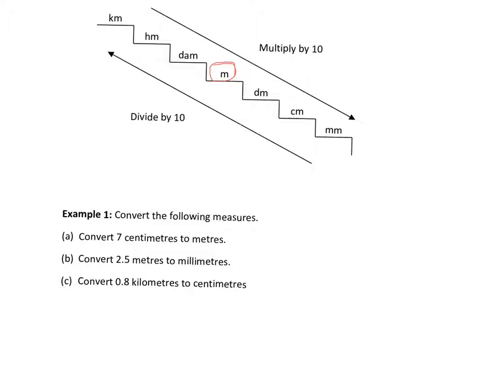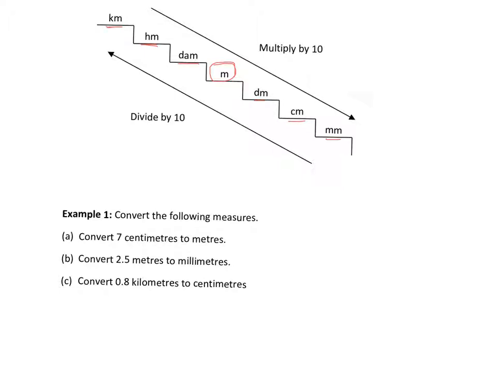And then going down, a tenth of a meter is a decimeter, a tenth of a decimeter is a centimeter, a tenth of a centimeter is a millimeter. If we move upwards, 10 meters is a decameter, 10 decameters is a hectometer, and 10 hectometers is a kilometer.